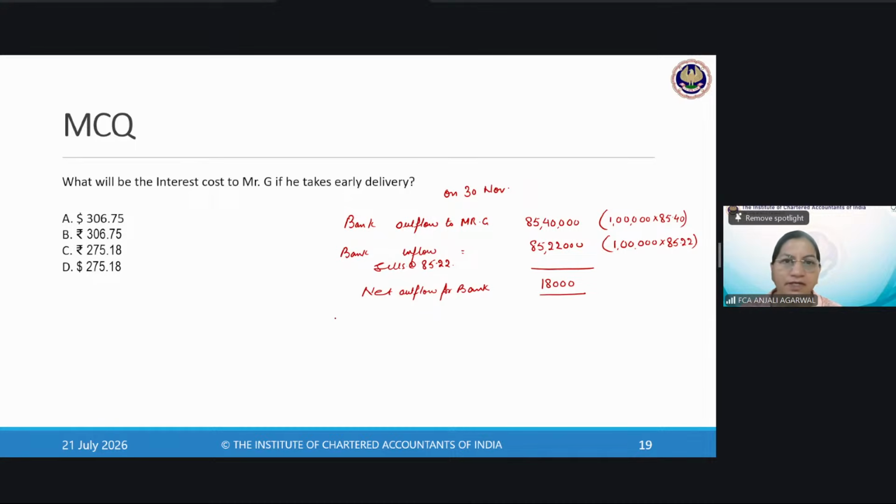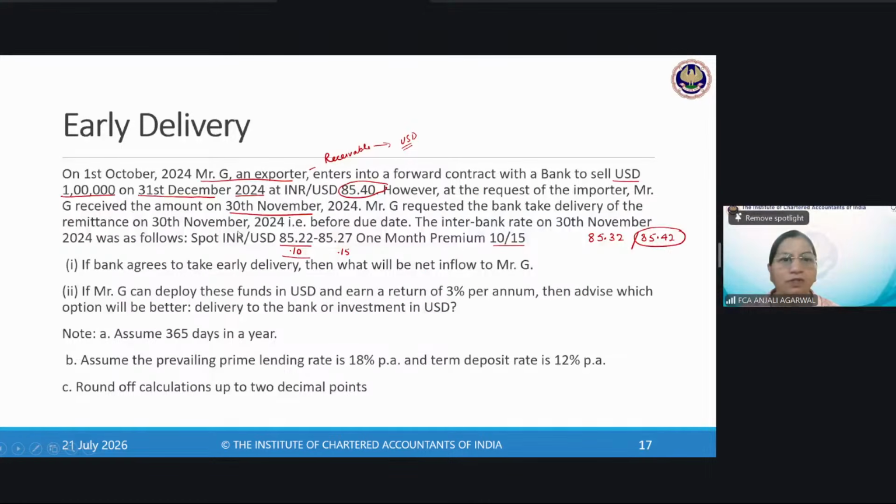So the bank will charge interest on 18,000 for 31 days. The payment which was supposed to go out on 31st December is going out on 30th November.